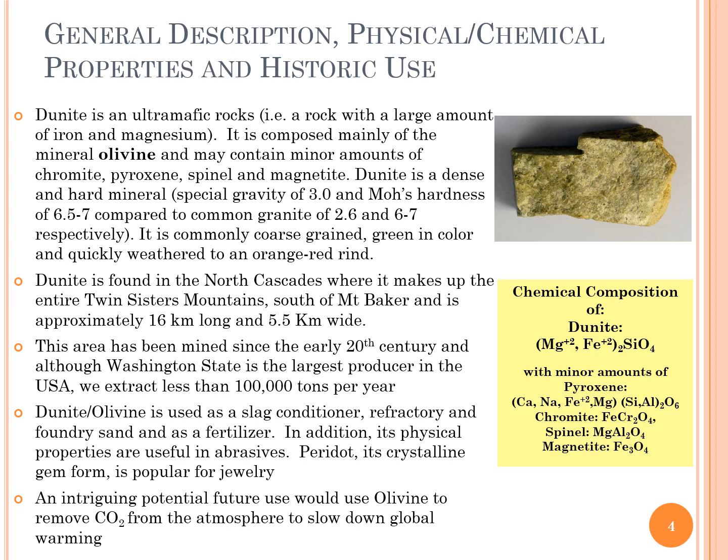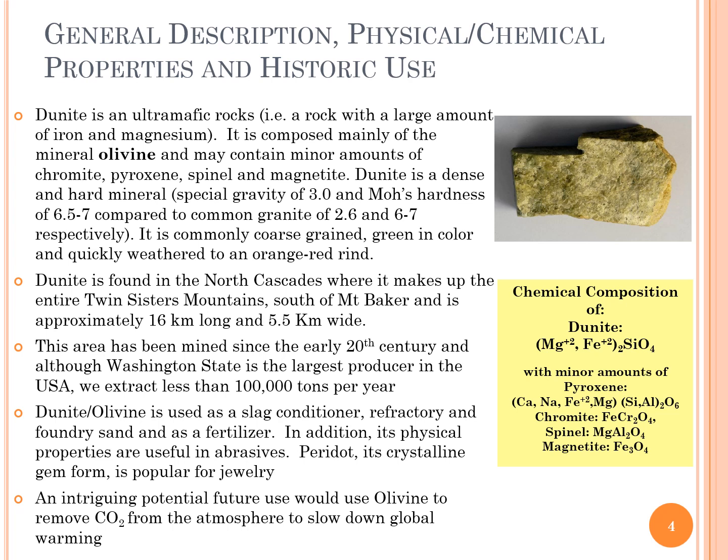It's interesting that I was reading that an intriguing future use for olivine and affiliated dunite would be as a way to remove carbon dioxide from the atmosphere to slow down global warming, part of the CO2 extraction concepts for the Earth's atmosphere. On the right, we have a clarification of the chemical composition of dunite.